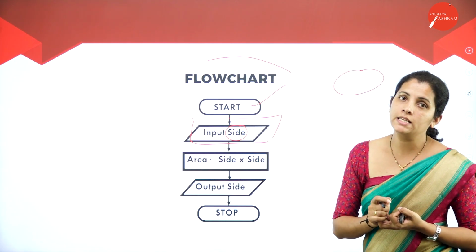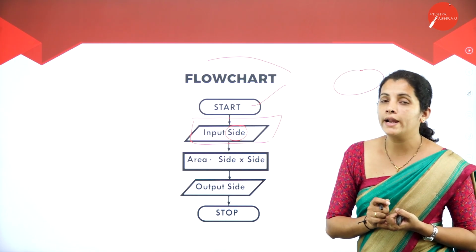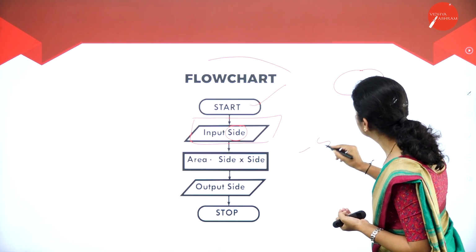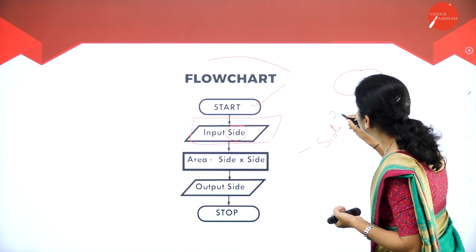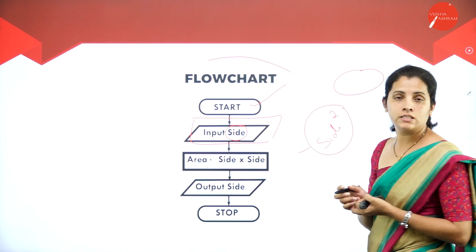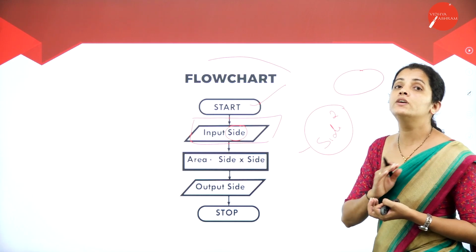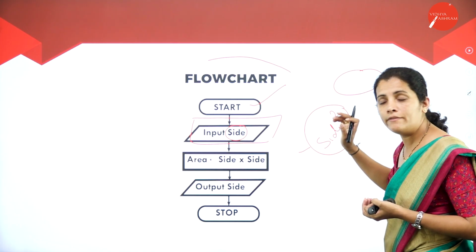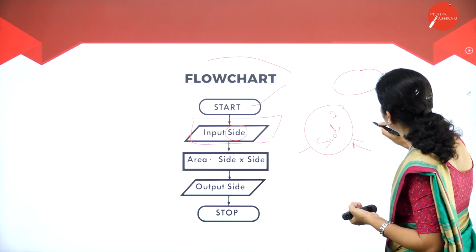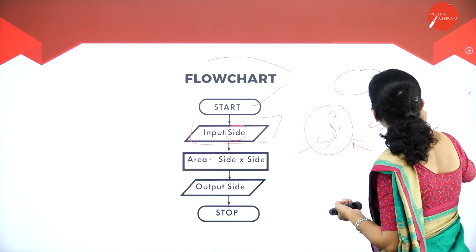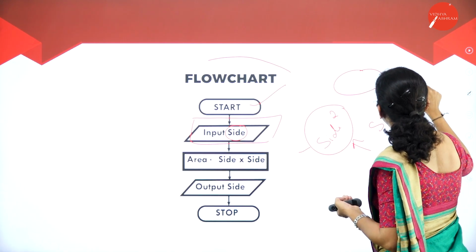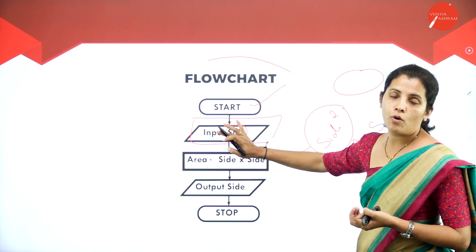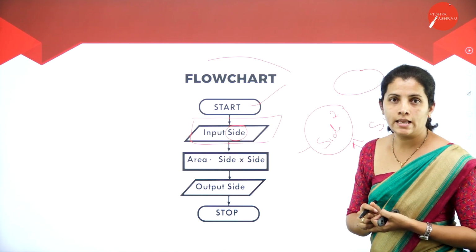After that, what is my next procedure? I'm going to find the area. So what is the formula I'm going to have? That is side square. I cannot directly write side square because the computer cannot understand side square. So what will I do? Instead of that, I'm going to write side into side. So inside the rectangle box, I'm going to write my calculation part.